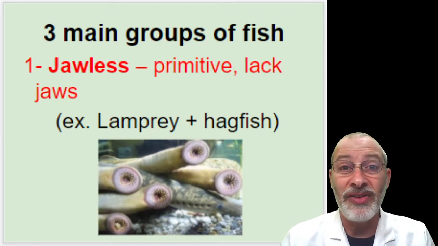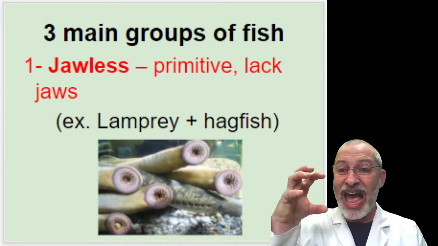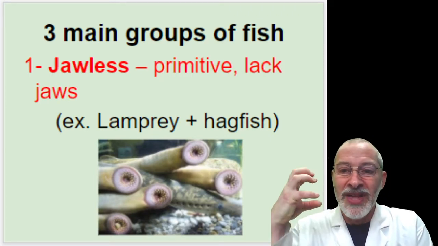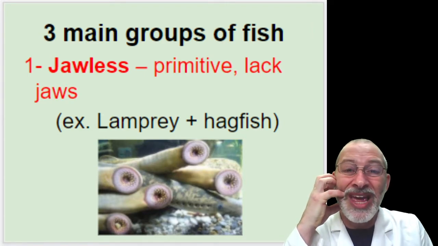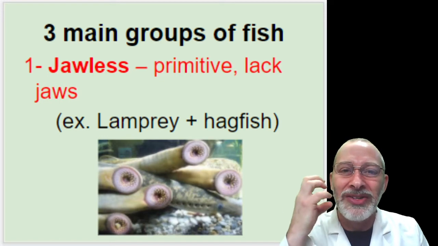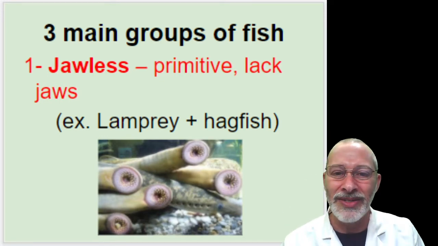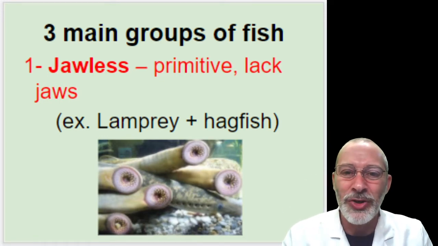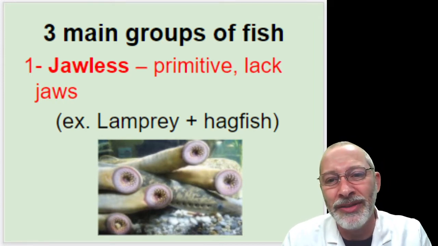Lamprey and hagfish eat by attaching themselves on their food source and then sucking the material as hard as they can into their bodies. So imagine that. Lamprey and hagfish in this movie would be going around kissing people.